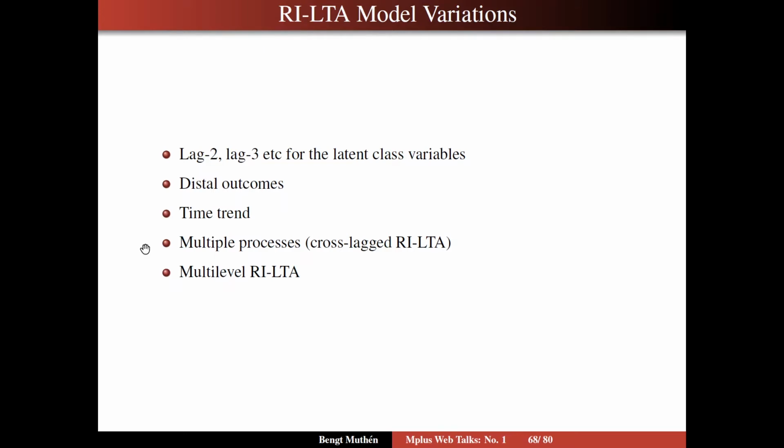And of course you can add to this multilevel RI-LTA. That is, you have time within individuals and then individuals within clusters such as schools or communities. That's a feature that we have not added here yet into Mplus.